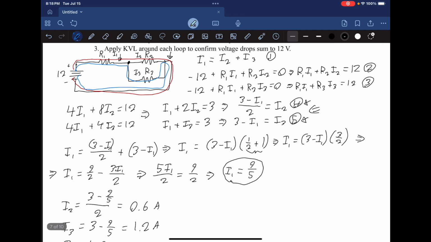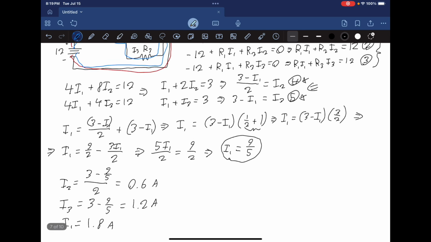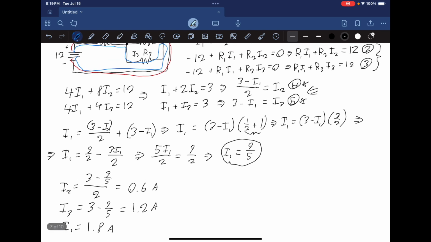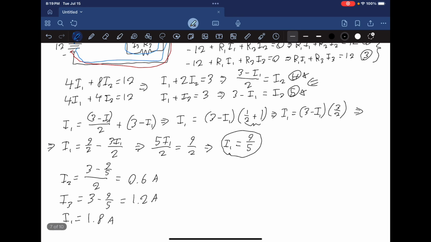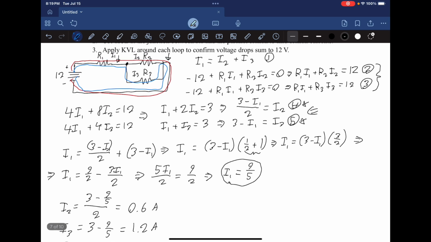So now, question 3 asks us to apply Kirchhoff's voltage law around each loop to confirm voltage drop sums to 12 volts. So remember, we used Kirchhoff's voltage law to derive equations 2 and 3 here. So that's just asking us to plug it back in. So I'll check the first loop first, which is R1 I1 plus R2 I2 equals 12. R1 was 4 ohms.